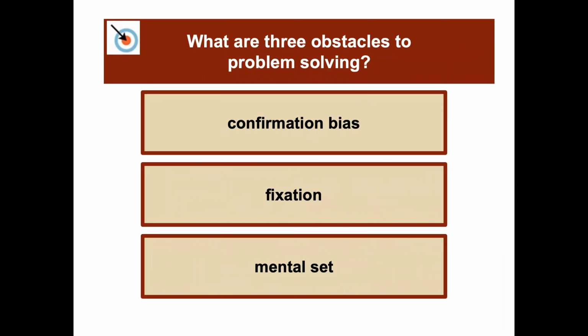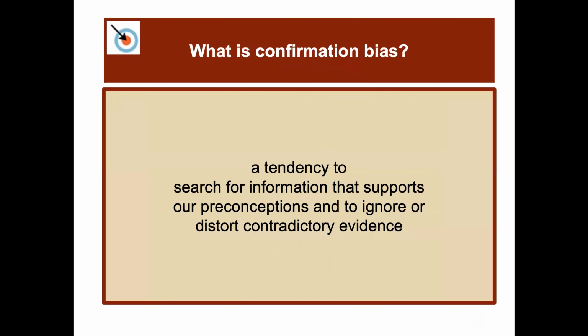These three concepts are very interesting to think about in terms of our own thinking: confirmation bias, fixation, and mental set. Confirmation bias is probably the most commonly known, and it's a common obstacle for sure. Confirmation bias is a tendency to search for information that supports our preconceptions and to ignore or distort contradictory evidence.